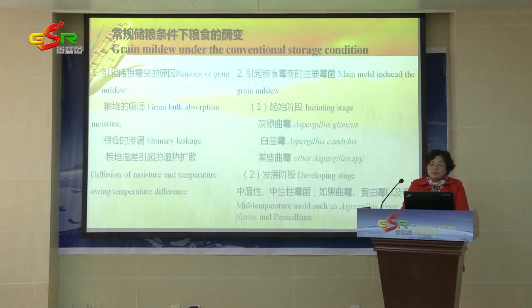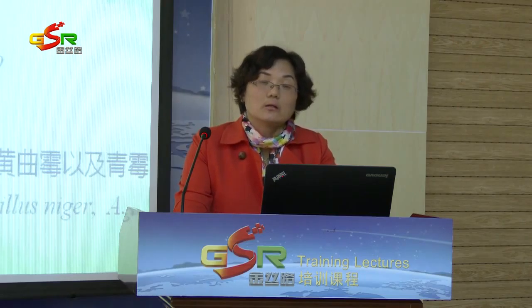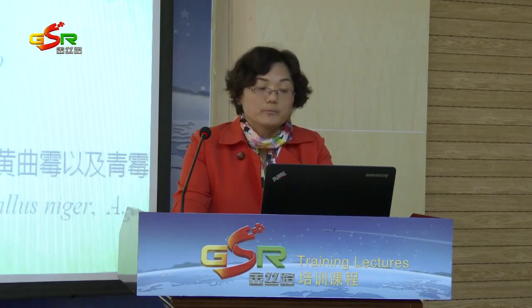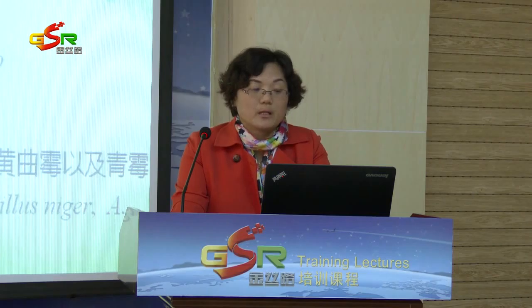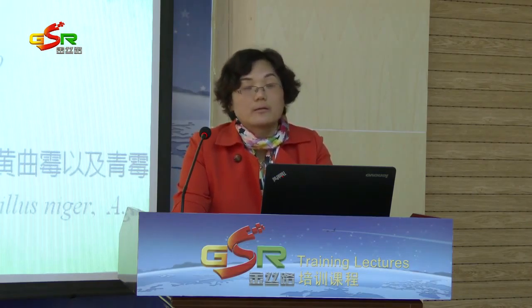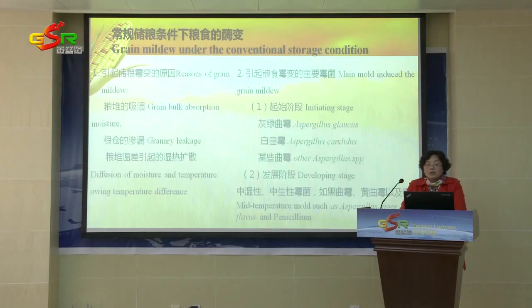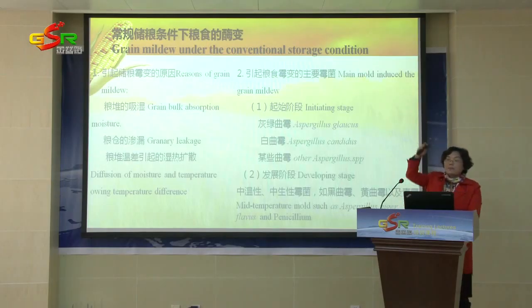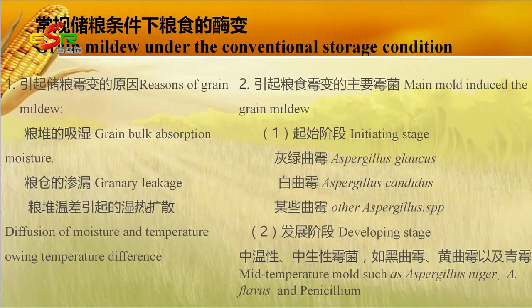Some storage is not well sealed, so the granary leaks. Another reason is the diffusion of moisture and temperature. Because of the temperature difference between the top and the bottom, there is diffusion of moisture and temperature. So these are the reasons for grain mold.